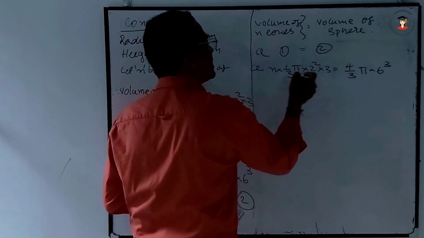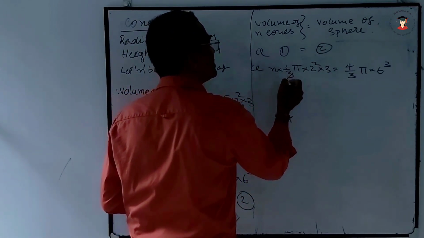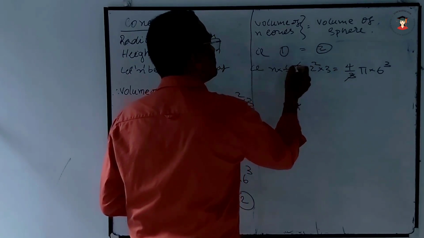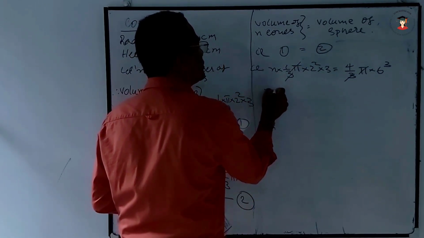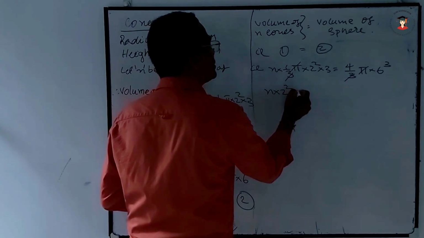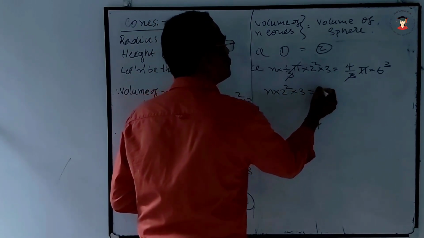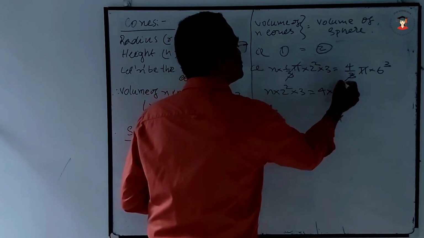So straight away we can cancel 1 by 3 here and 1 by 3 here, pi and pi. So remaining is n into 2 square into 3 equal to 4 into 6 cube.